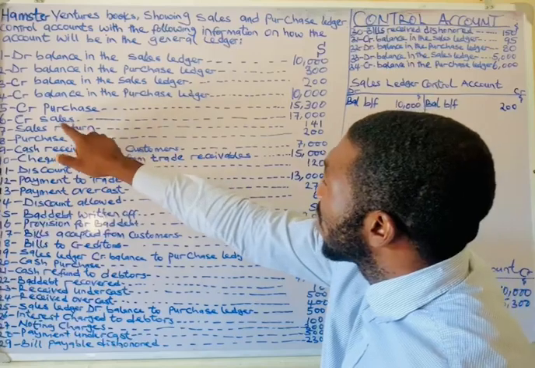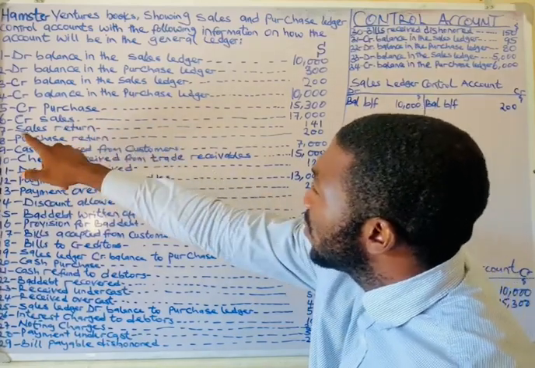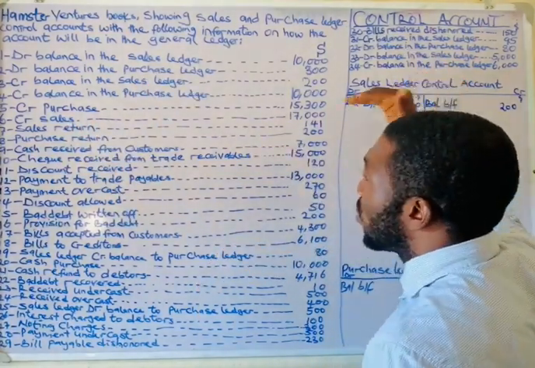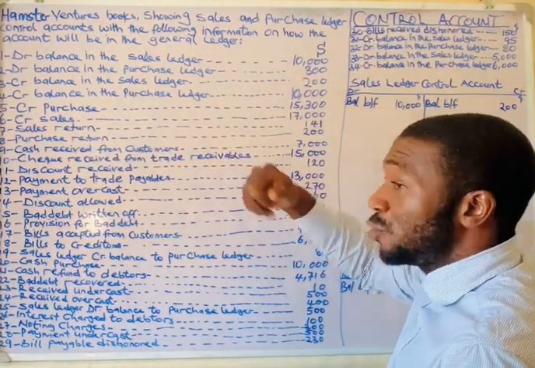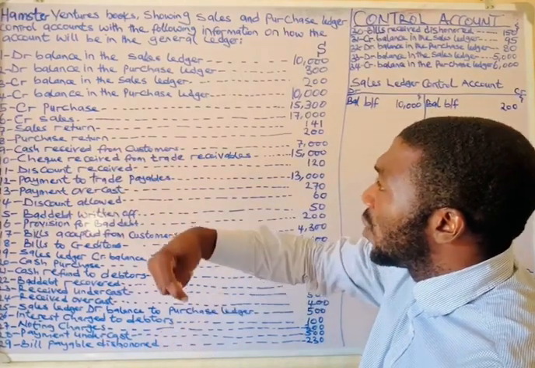So number 6, credit sales. We also sell to our customer on credit. So the amount that the customer will pay us will increase. It will add to our sales ledger control account because they are not settling the balance that they should pay us, but they are collecting other goods on credit.